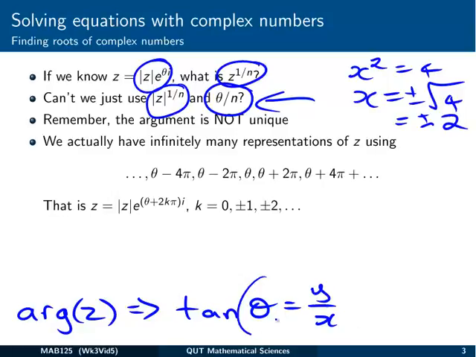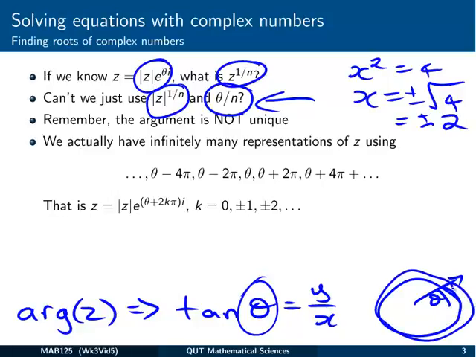And we said that theta is actually not unique, because when you go around a circle, if that's theta, well, you could actually go around the whole circle and back again, add 360 degrees to it, or add 2 pi if you like. Or you could have gone back around the other way, taken away 2 pi from it. There's infinitely many angles that will give you the same complex number, but we just happen to have chosen to use the principal argument.